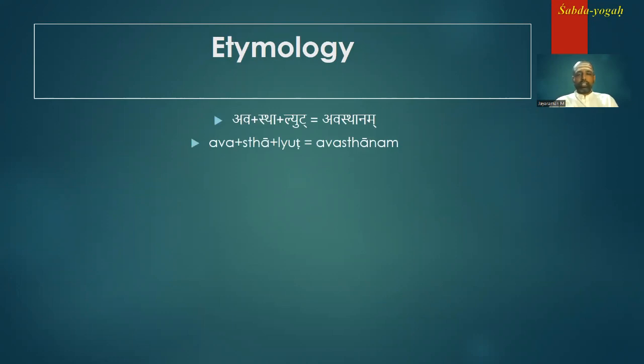As you can see, it is made up of three parts. Ava is the prefix, then we have stha, the root, and then lyut is the suffix. So what are the meanings? The prefix ava refers to dasha, the state, according to Avyaya Kosha.